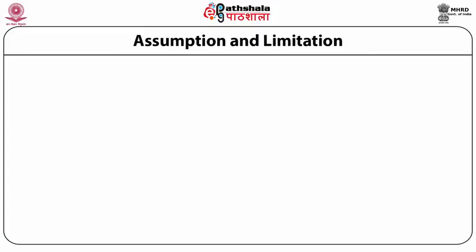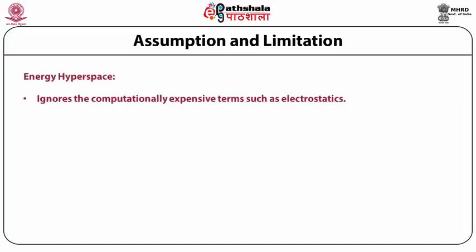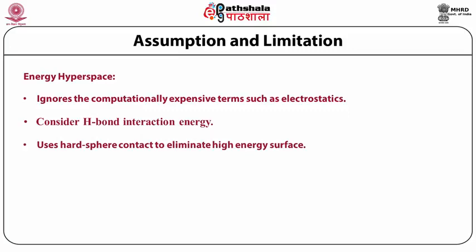There are a few assumptions which also cause limitations. One is, we have considered an energy hyperspace. So we never consider some of these large terms like electrostatic calculations. It's a huge interaction. Most often we consider only hydrogen bond interaction, and we eliminate whenever there is a high energy surface.